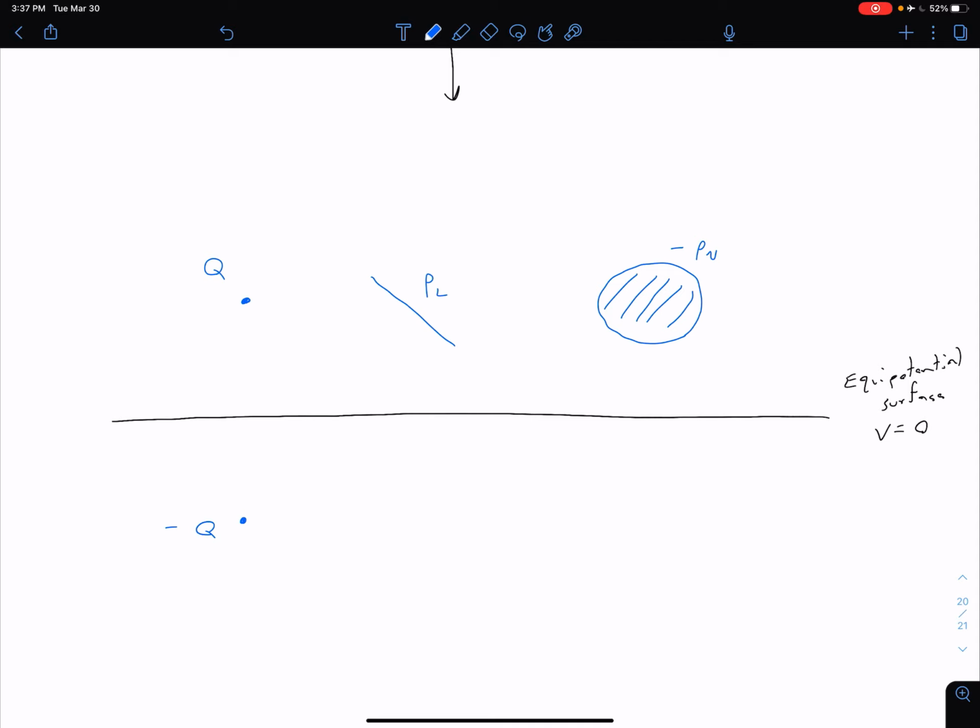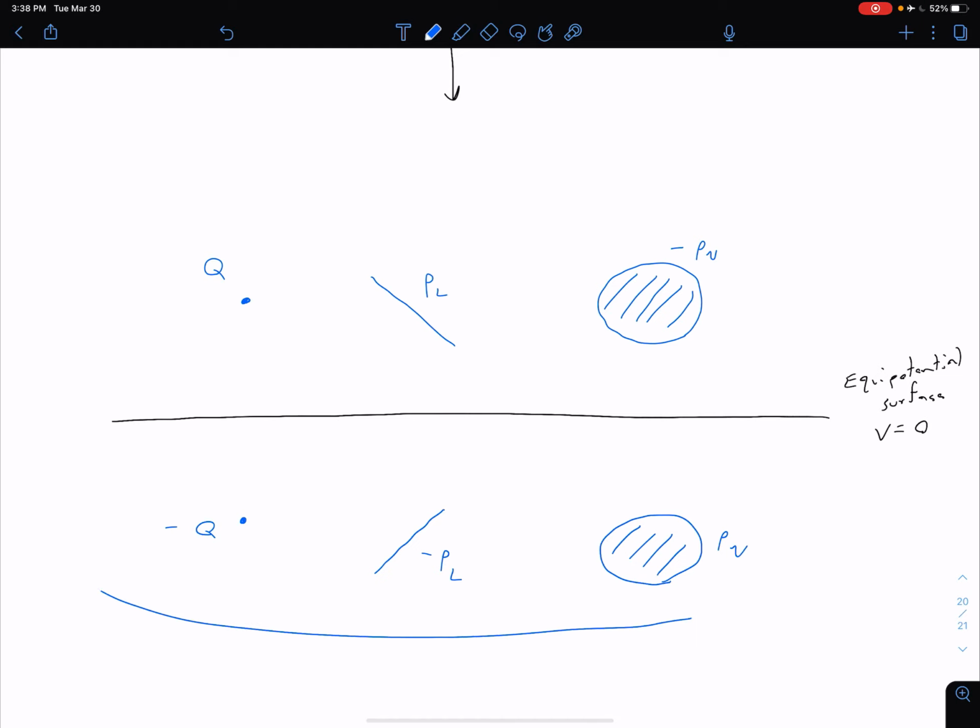Similar thing for that line charge: we would have some line charge which is essentially just reflected about that equipotential surface, and the density is going to be negative rho L, because again, we want to cancel out the effects from our positive rho L on the other side. Similarly over here, we would have some volume with a positive charge density rho sub V. Down here, these are going to be our image charges.